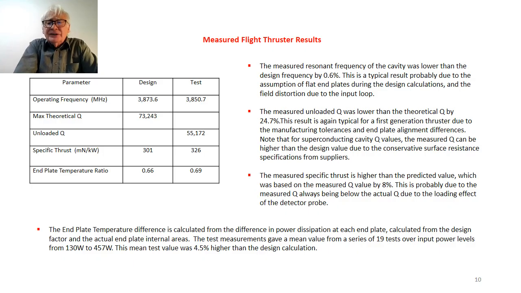We need to take into account that the dissipation area of these two plates is different. And from that, we can calculate what should be the theoretical end plate temperature ratio, which comes out remarkably close to the test measurements. We got 0.66 as a ratio from theoretical considerations to 0.69 from what we got on test.